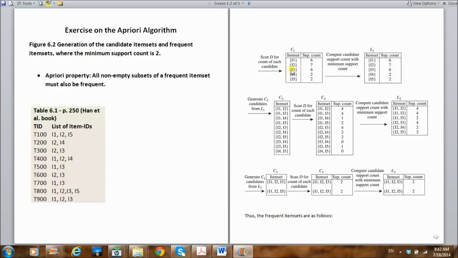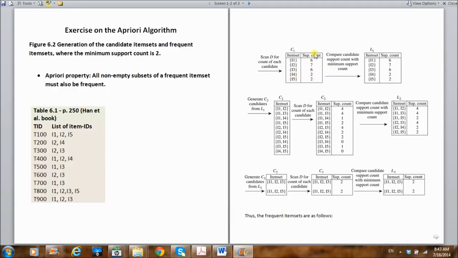So the support count for I2 is 7. Let's look at I4. 1, 2. So the support count for I4 is 2. And how about I5? 1, 2. That's it. So the support count for I5 is 2.